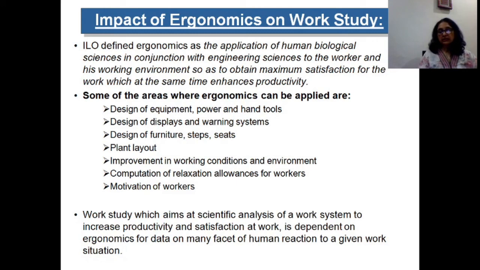It also looks at the environment: ventilation, illumination, humidity, fumes. And it looks at the human aspects, that is the characteristics of humans: their height, weight, physique, motivation, experience, training, and so on.